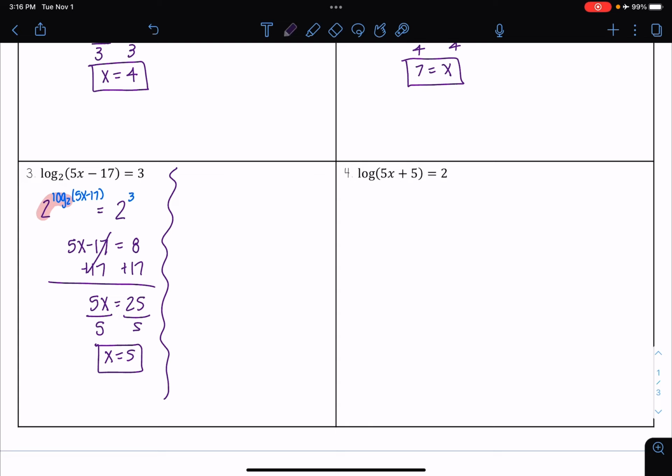Another way you can do it is to rewrite it in exponential form. So log base 2 of 5x minus 17 is equal to 3. We learned a few lessons ago that we can rewrite this in exponential form. I have that same base 2, what it's equal to is the exponent, and what's inside the log goes on the other side.